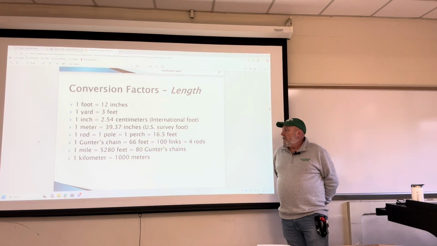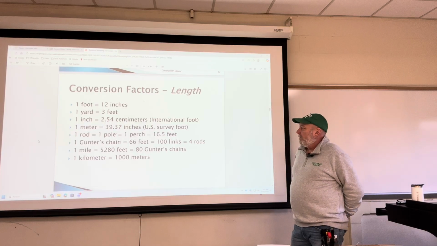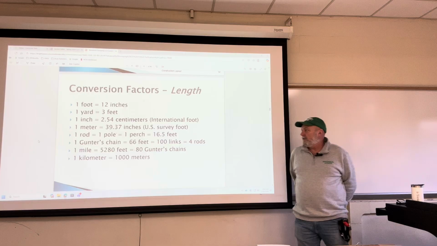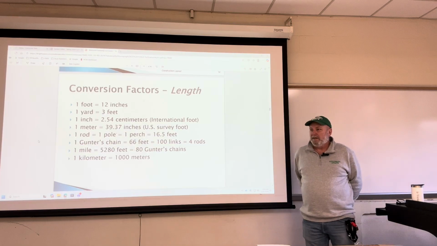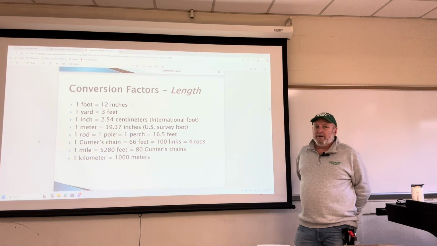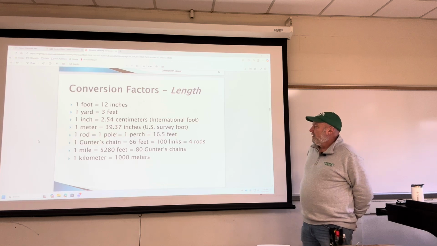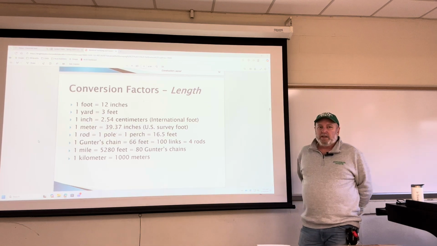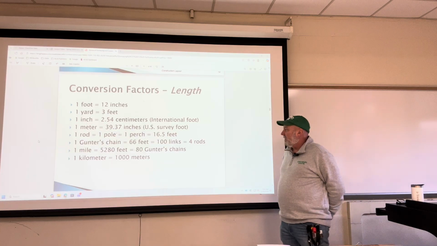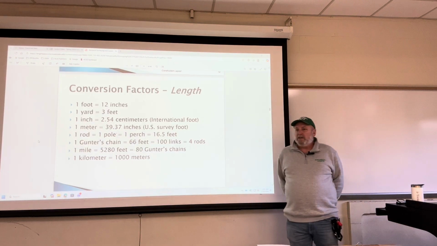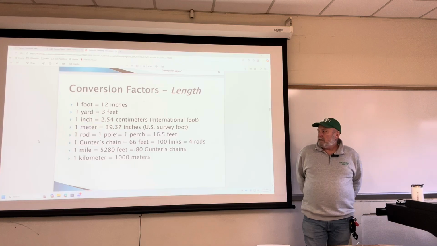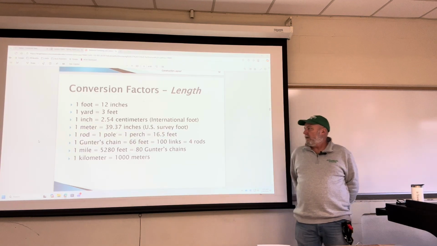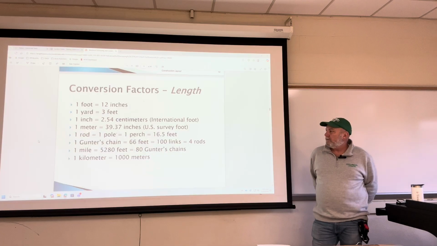The almighty Gunter's chain, the surveyor's standard for many, many years. I was reading an article on Gunter. He was a mathematician and really had a thing about standards and standardizing things. His chain is 66 feet long, comprised of 100 links. Each link is 0.66 of a foot, 0.66667, or however far you care to carry that out.